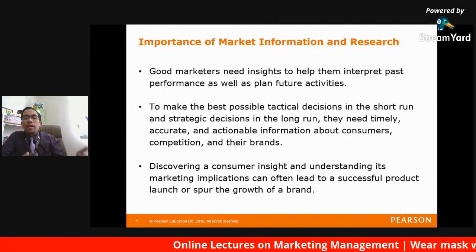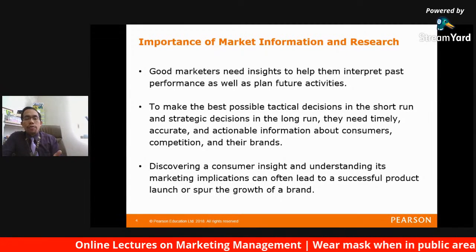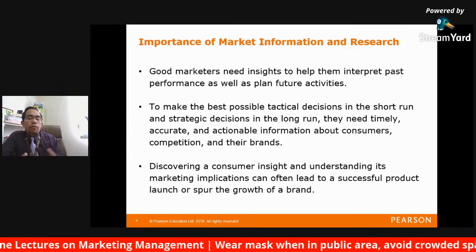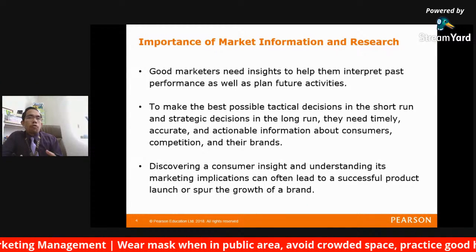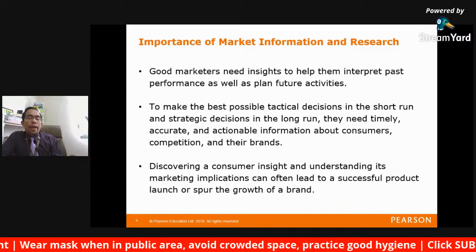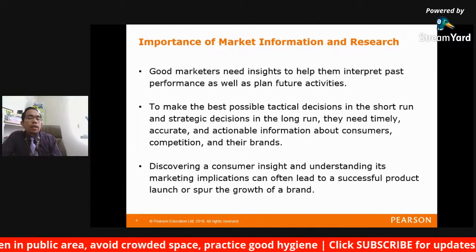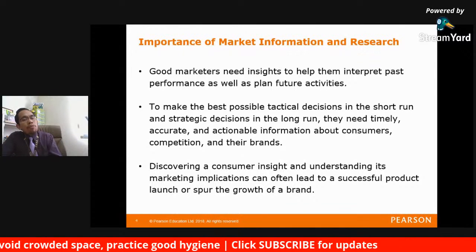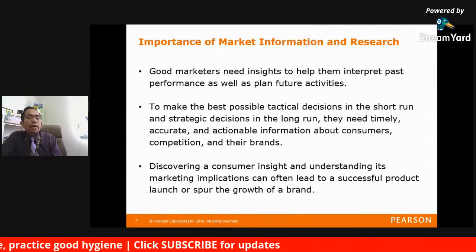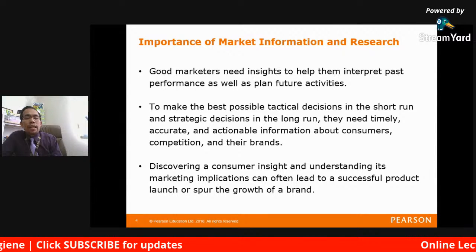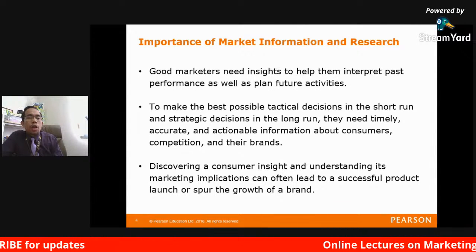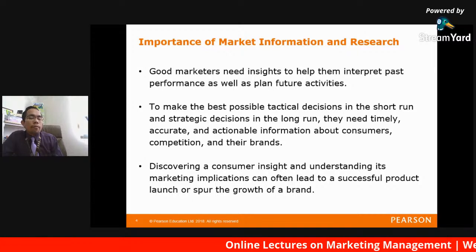That's why different locations affect different styles of approach, and also the way they close the deal. So discovering a consumer insight and understanding its marketing implication can often lead to a successful product launch or spur the growth of a brand.